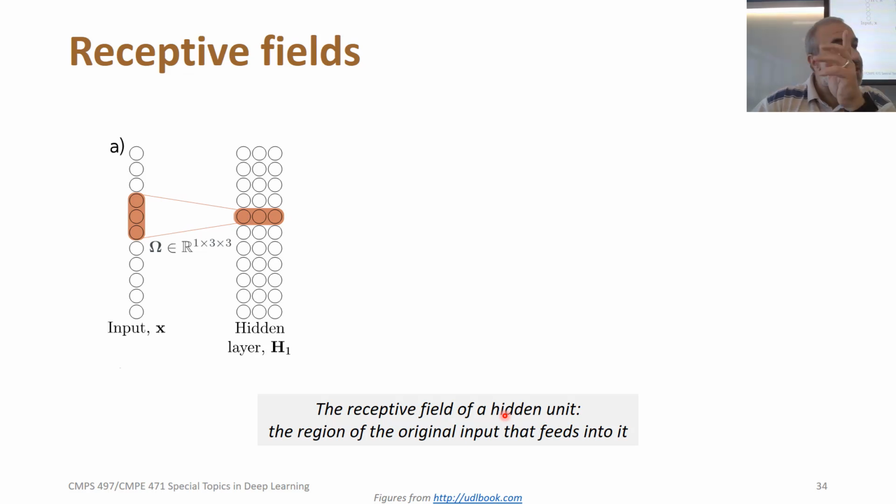One hidden unit is just one unit in the layer, like what we discussed before. So the receptive field of a hidden unit is the region of the original input that feeds into it. What do you mean by feeds into it? That affects the computation of that hidden unit.